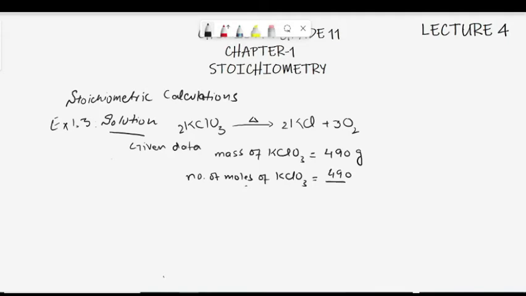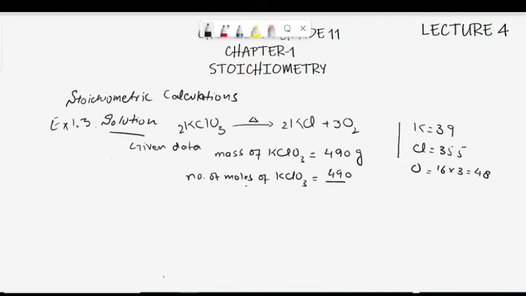You can calculate the molecular mass by adding the atomic masses of potassium, chlorine, and oxygens. Potassium is equal to 39, chlorine is equal to 35.5, and oxygen is equal to 16. Because we have three oxygens, you multiply this with 3.